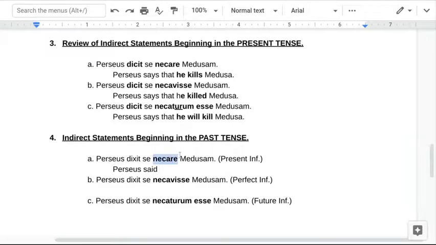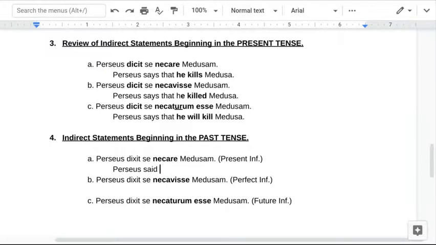Now, the infinitive is still used, just like it's used up here. So you might say, well, okay, it should be Perseus said that he kills Medusa. But no, the present infinitive is used to keep everything the same time. So Perseus said, and since said is in the past, everything needs to be in the past.